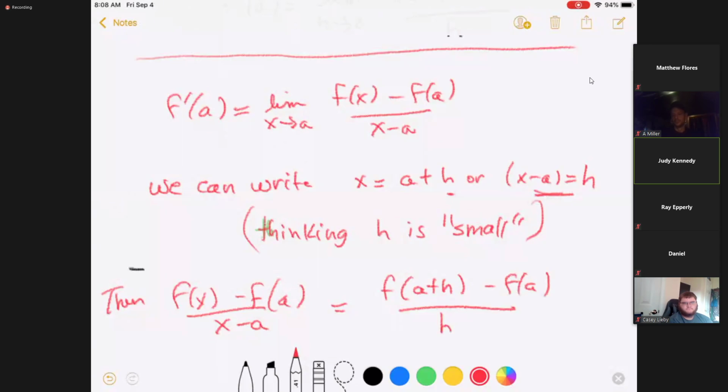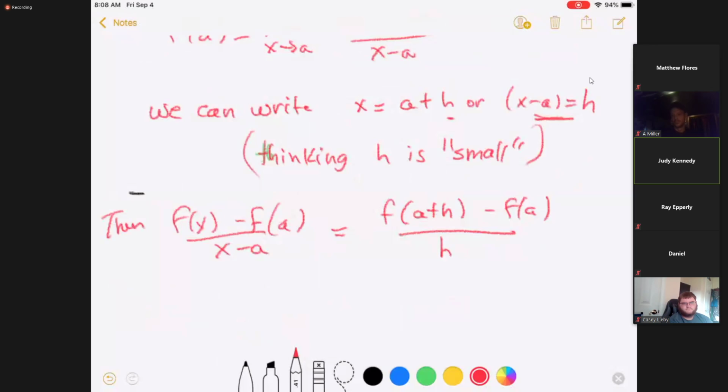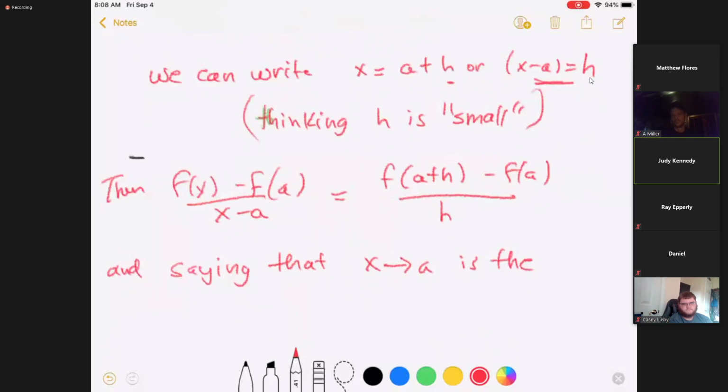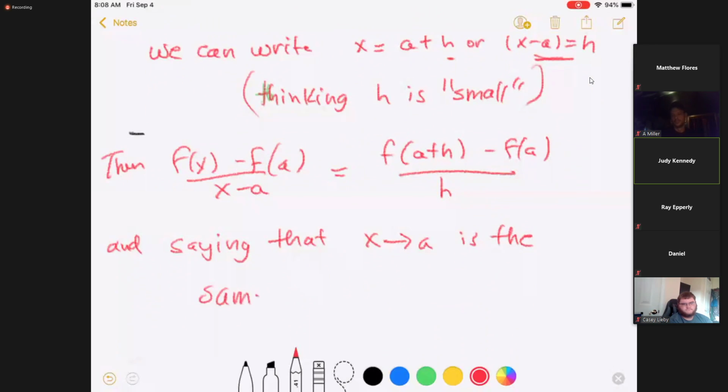Okay, so saying that x approaches a is the same as saying that h, that number h, or the numbers h, because when x changes, so does h, it's the same thing as saying that the h's have to go to 0.